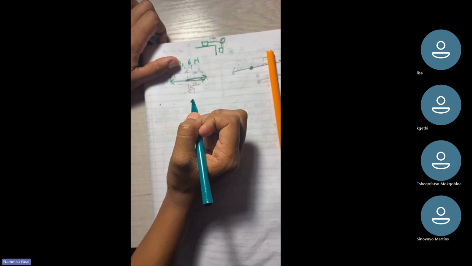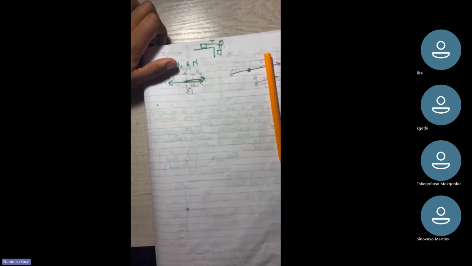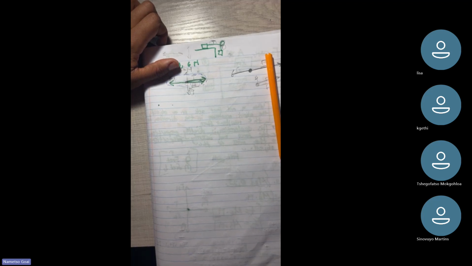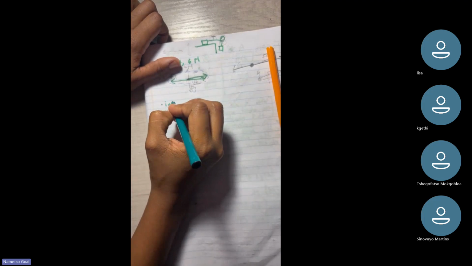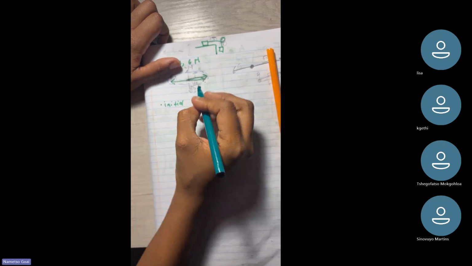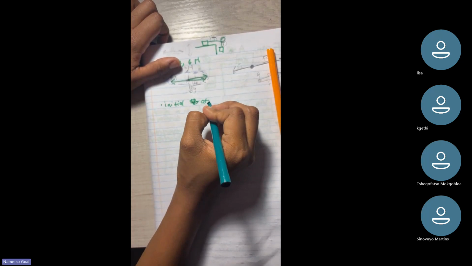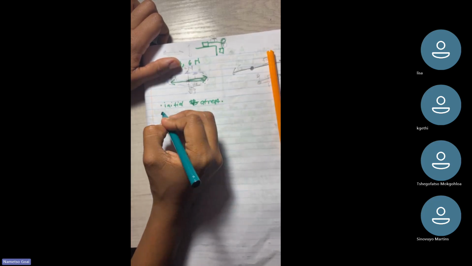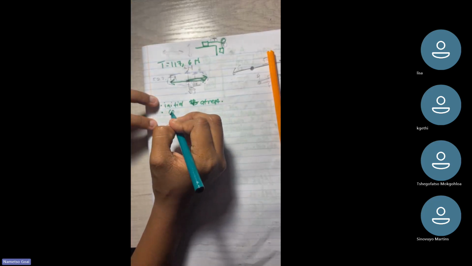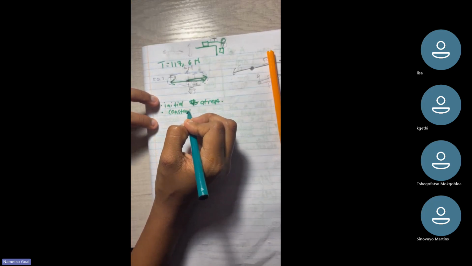Remember, they said initially its velocity was zero, it was at rest, and they also said it's moving at constant velocity.